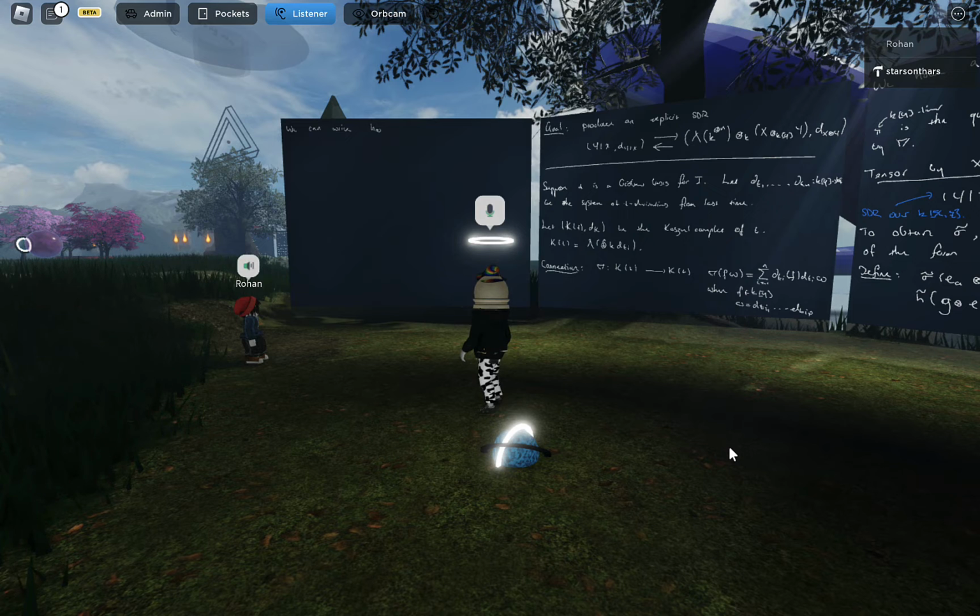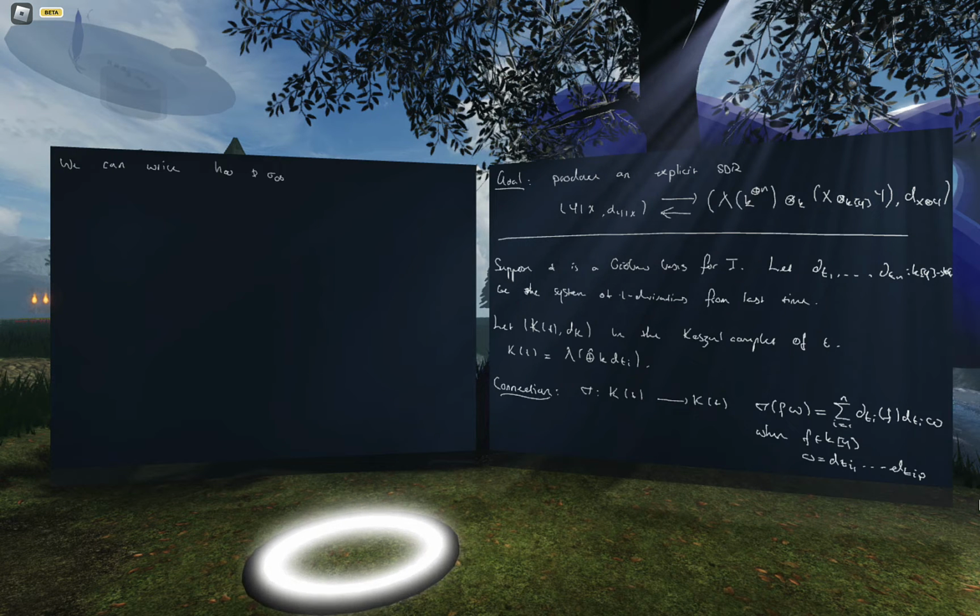Okay, so we can write H infinity and sigma infinity as follows. We can write down just the definition, spelling out A there. Okay, and then just by re-indexing everything, this comes out to be this.